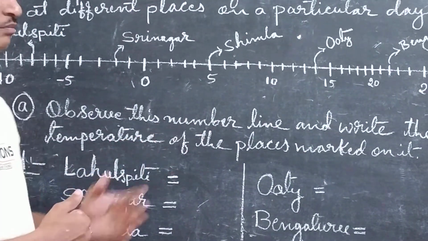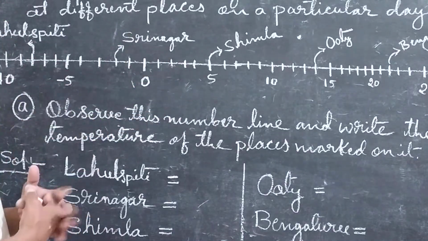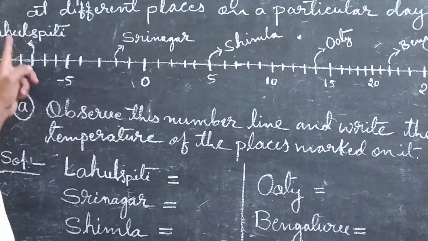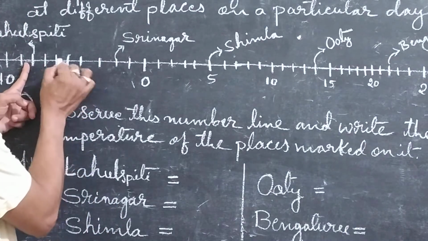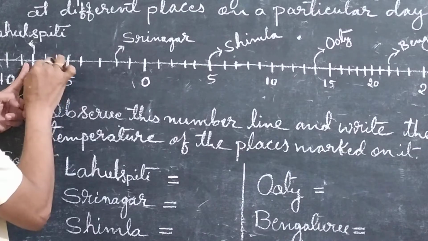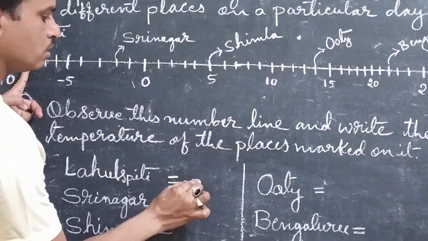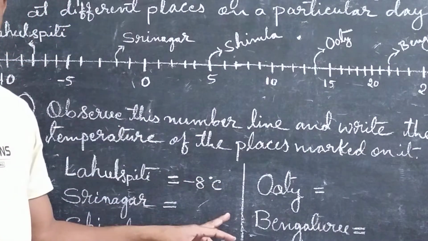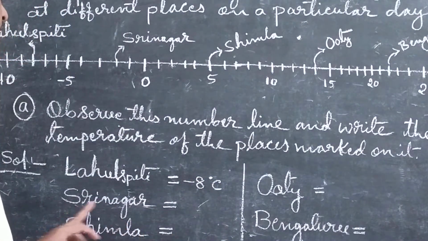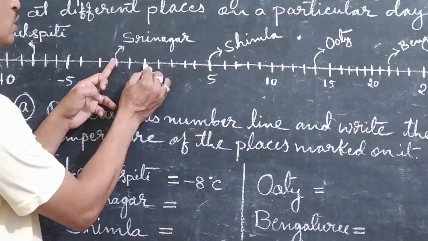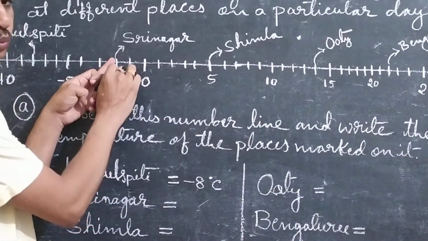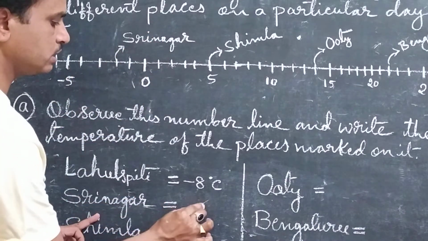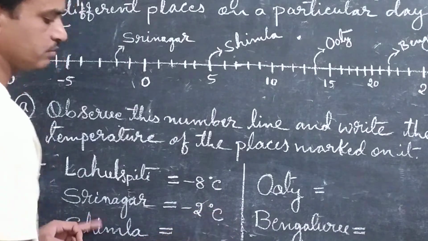We already understood that different places have different temperatures on a particular day. So Lahaul Spiti: minus 5, minus 6, minus 7, minus 8, so minus 8 degrees Celsius. Then Srinagar: 0, left side minus 1, minus 2. Srinagar temperature is minus 2 degrees Celsius.